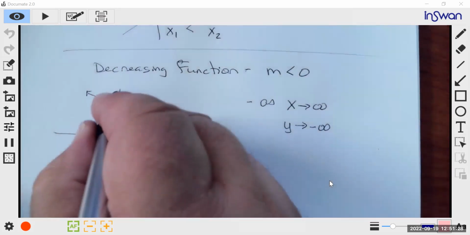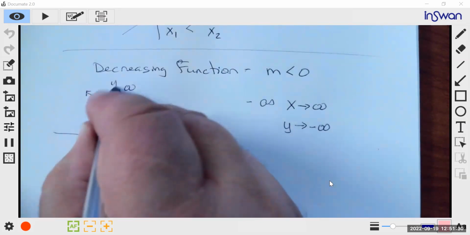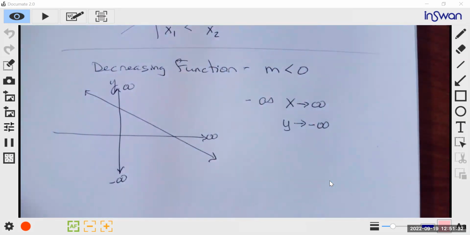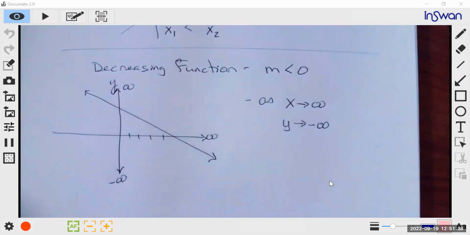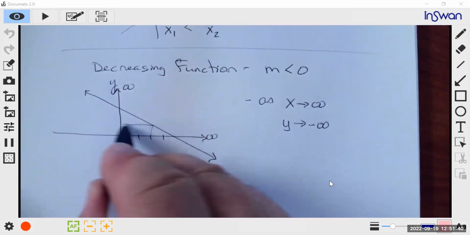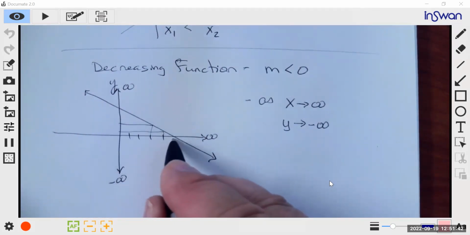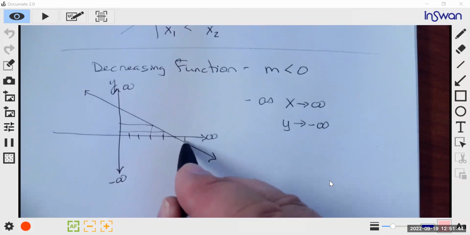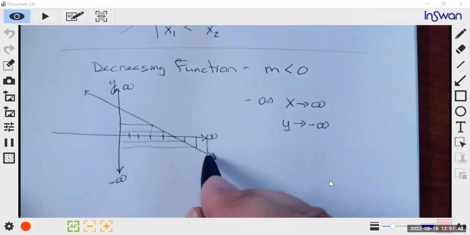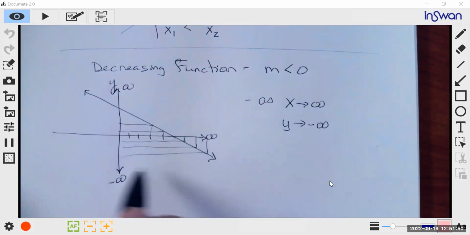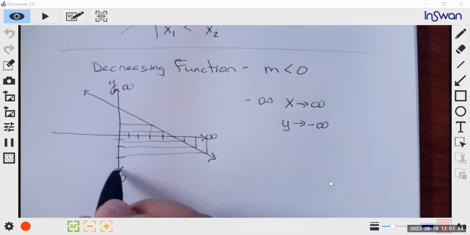Here are the y values. So as x gets bigger, look what happens to each of these points. As x keeps on going, where are these points going? The y values.